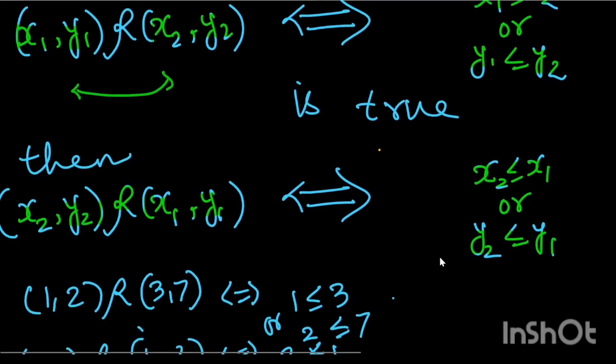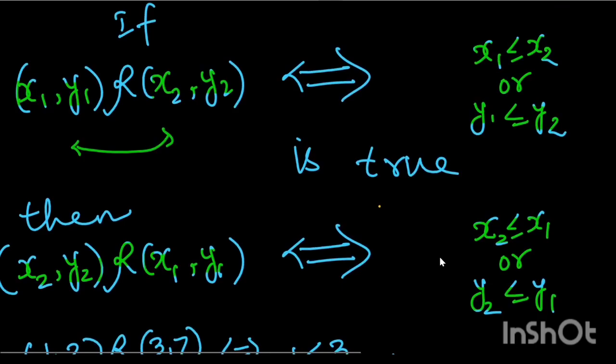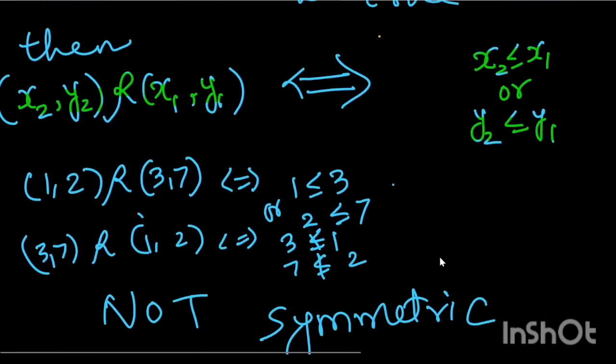Can we think of some example for which this won't hold? If you take 1 2 and 3 7, 1 is less than equal to 3 and 2 is less than equal to 7, both are true, so this is true. Now if we interchange, 3 7 and 1 2, 3 won't be less than 1 and 7 won't be less than or equal to 2. So this counter example clearly refutes that it is symmetric, so there is no need to prove it.